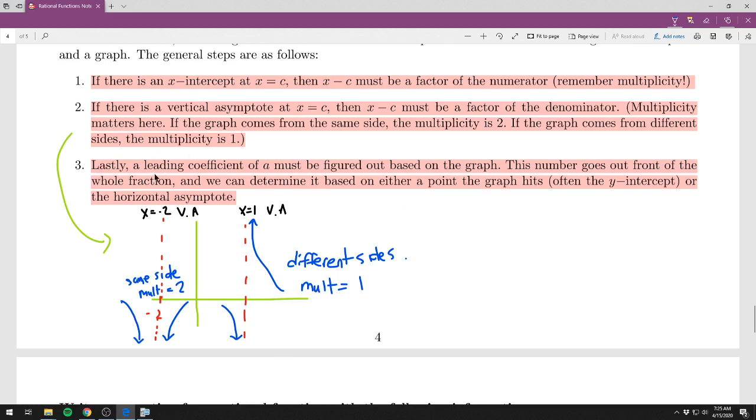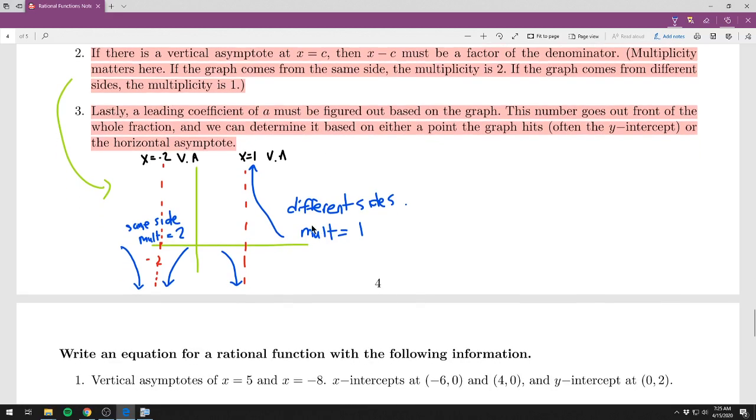The last thing that we did when we figured out all those after the multiplicities and the x-intercepts, we figured out the leading coefficient. In the problems, we were either told the point it goes through, in the graphs, we figured out the y-intercept and used that. Now you actually could use the horizontal asymptote, which we'll see as well.